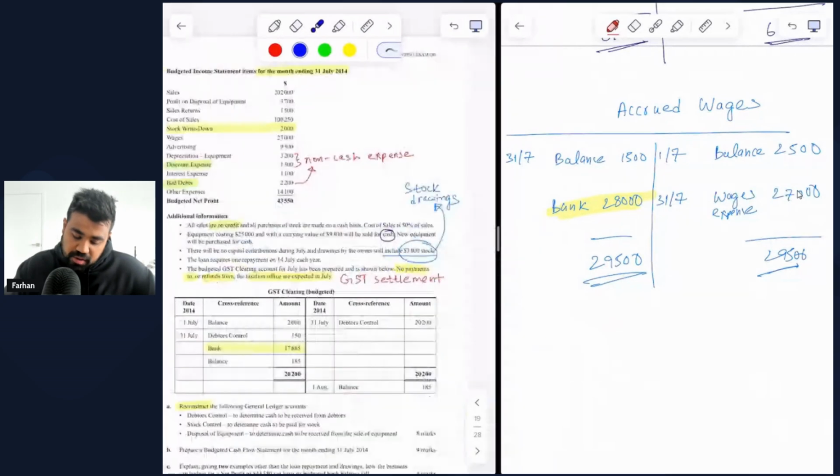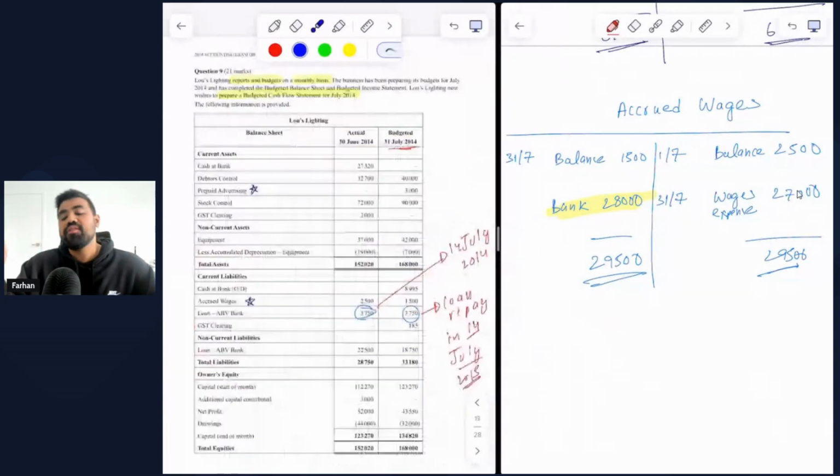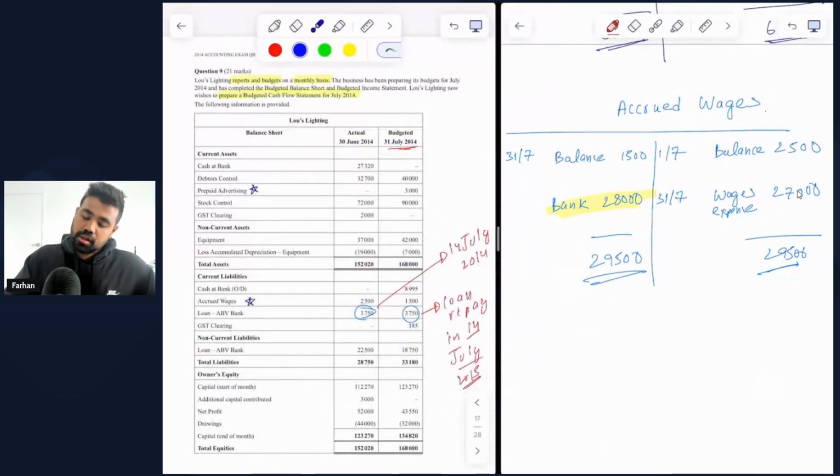So accrued wages is a current liability account, which means that the opening balance should be on the credit side and the closing balance should be on the debit side. So where do we get these balances from? Check the current liabilities section and accrued wages. The closing balance for 30 June 2014 is $2,500, which is the opening balance at 1st July 2014, and the closing balance at 31 July 2014 is $1,500.